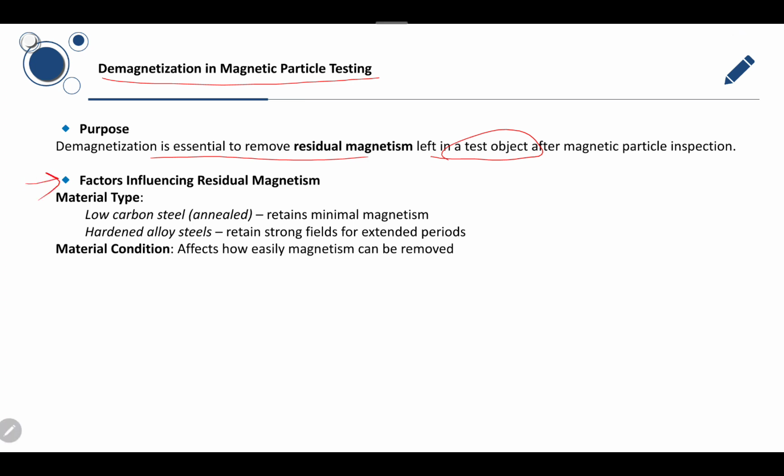Next, the factors influencing residual magnetism. Not all materials retain magnetism equally. What are the material types? Low carbon steel and hardened alloy steels. Low carbon steel retains minimal magnetism. It's relatively easy to demagnetize.